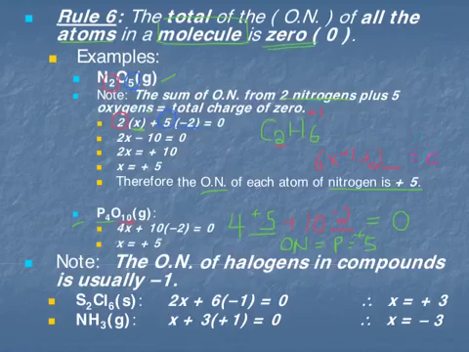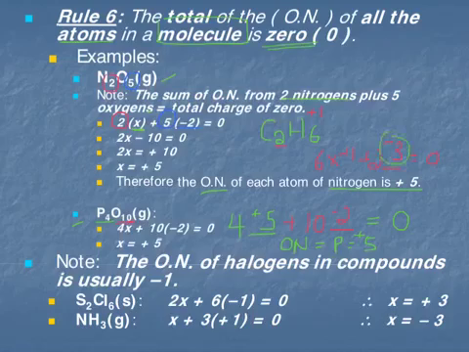If we do some math in our head, we have positive 6, so we need minus 6 to balance everything out. But there are 2 carbon atoms to carry that minus 6 charge, so the oxidation number of each carbon atom must be minus 3.